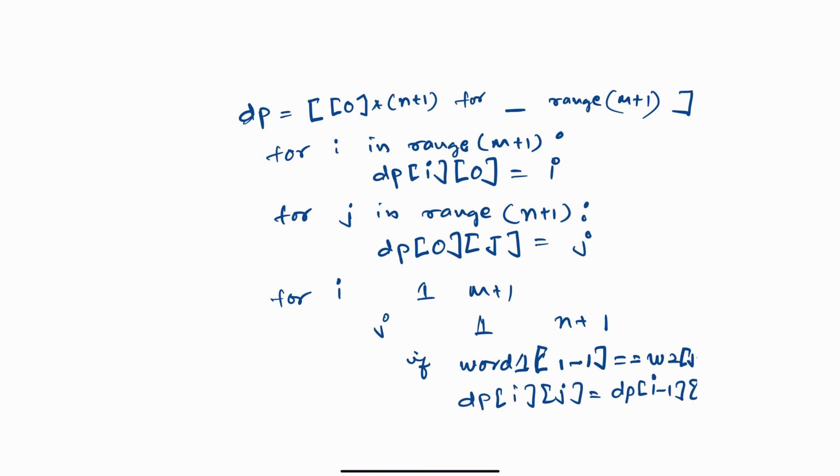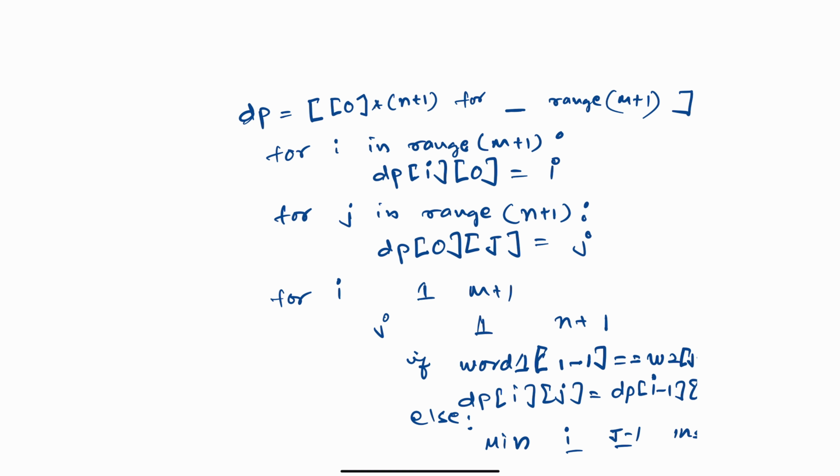If it is not matching, then I will say else. This is very important. If I say else, then we have to take a minimum value of dp[i][j minus 1], which is what? j minus 1 means insert, which is the previous column.